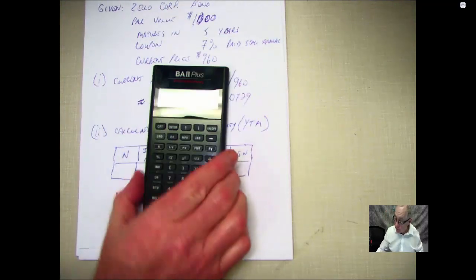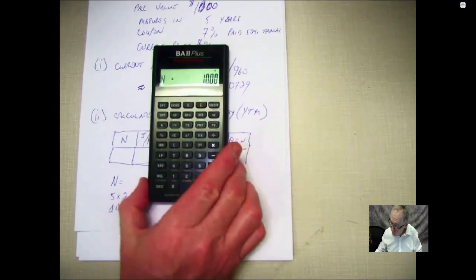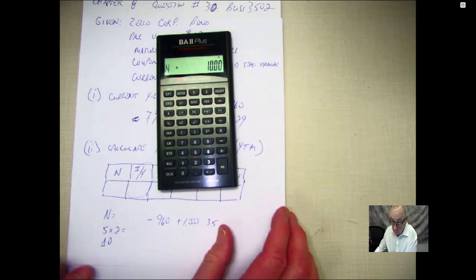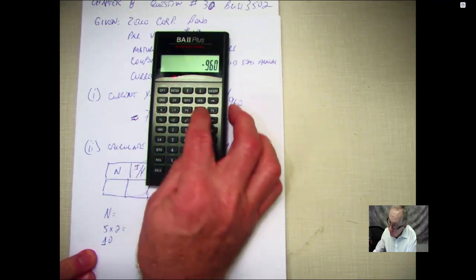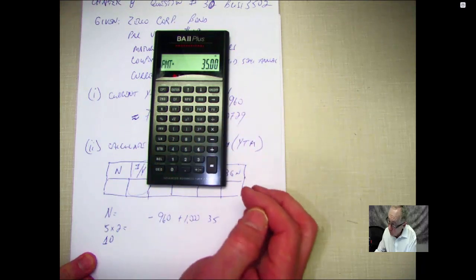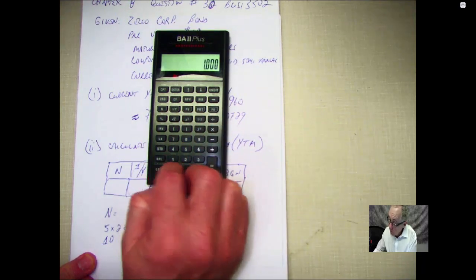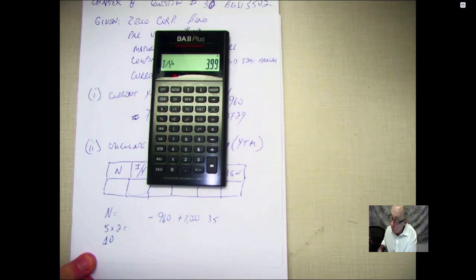Okay, let's try this. So 10, enter for N, 960 negative for present value, 35 for payment, 1,000 for future value, and compute I/Y.